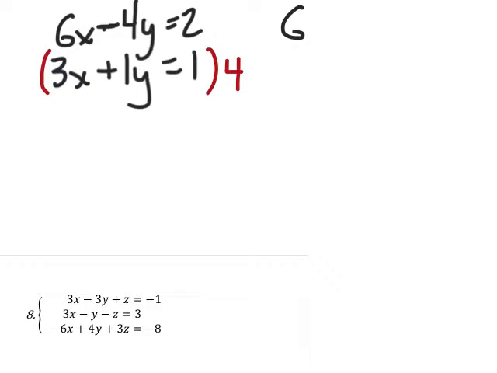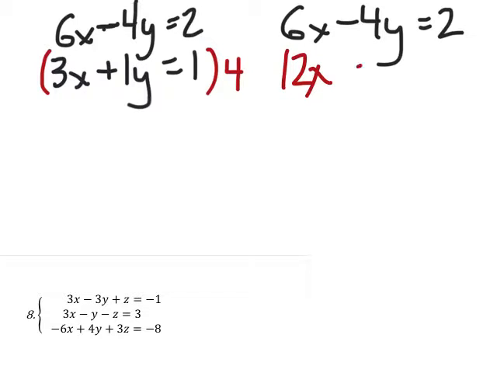So the top equation remains the same. And you could say it remains the same because I multiplied it all by 1, which is the coefficient of y in this bottom equation. Now when I distribute that 4 in there, 4 times 3x is 12x, plus 1y times 4 is 4y, equals 1 times 4 is 4.